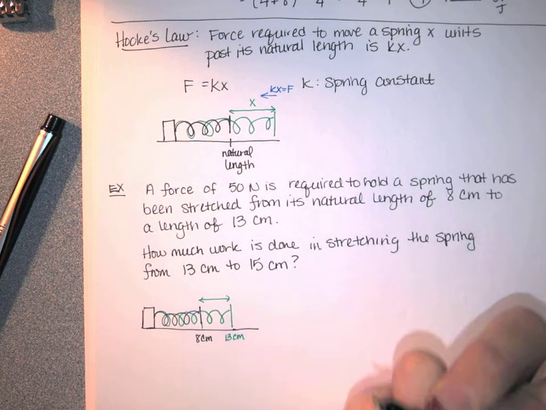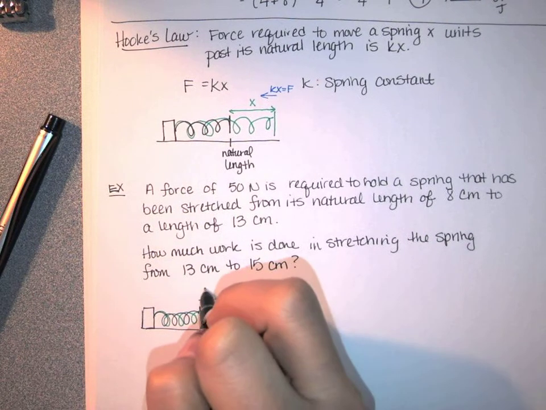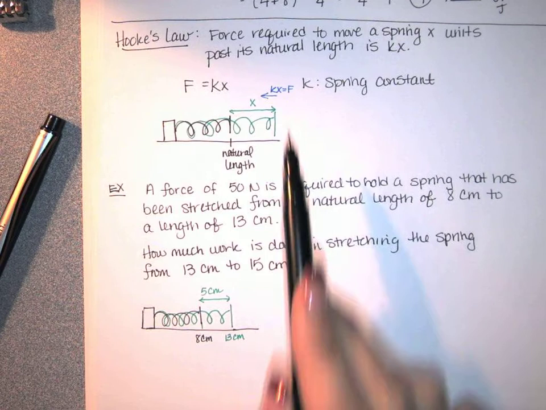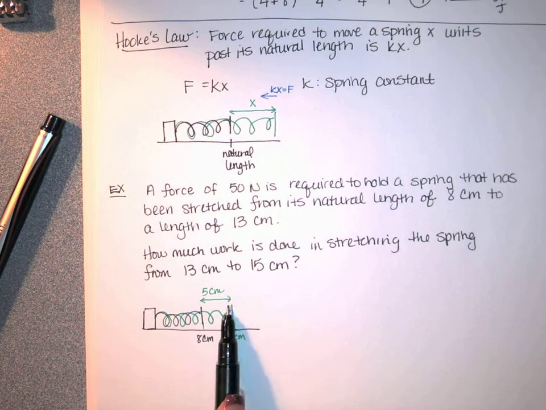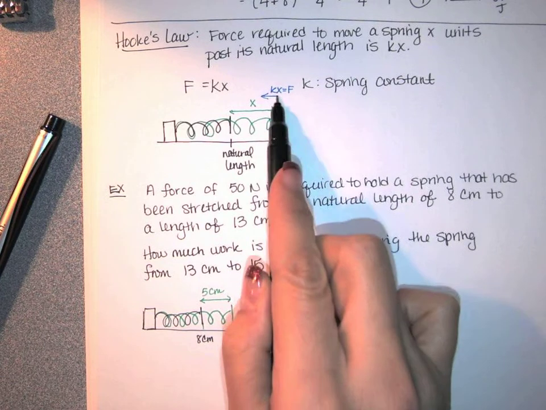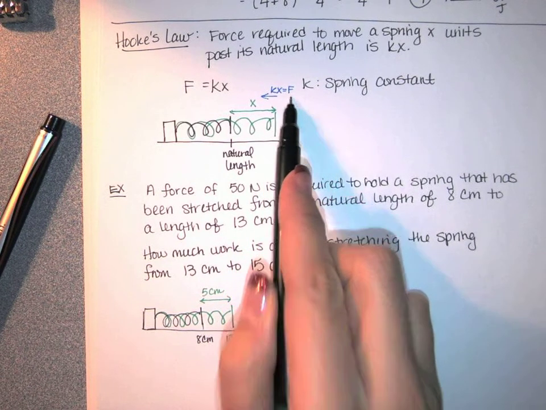So this distance x that it's been stretched past its natural length is 5 centimeters. Now the restorative force is going to be some constant times that 5 centimeters, that constant times 5, that's going to be my force.